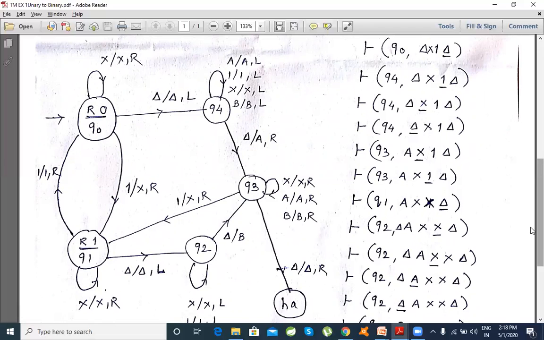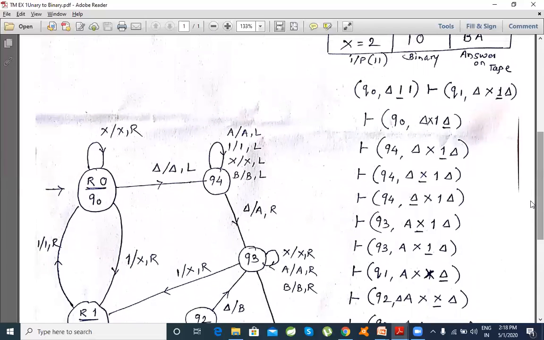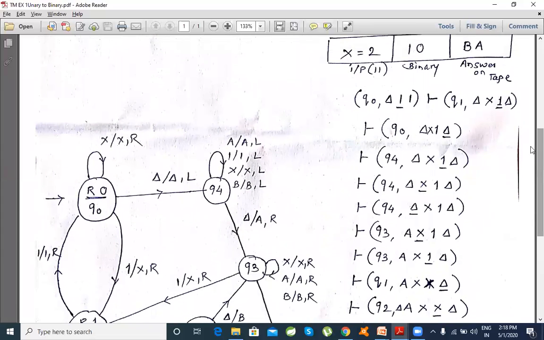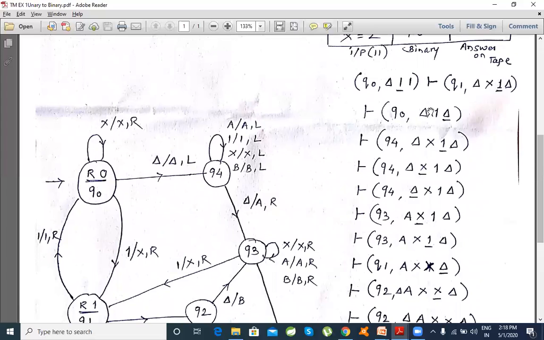Now let's check how the process goes. If we process this simple format, we can check it for all the numbers that exist. So how to design this? The design is simple. The initial state of the machine is Q0. There is a blank cell on the left, and a blank cell is always available on the right, which has not been shown here.